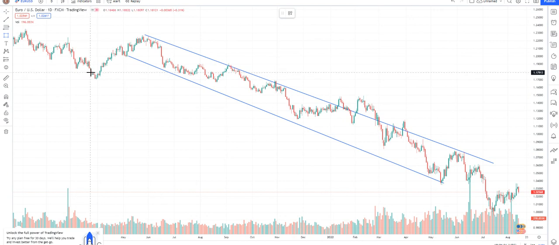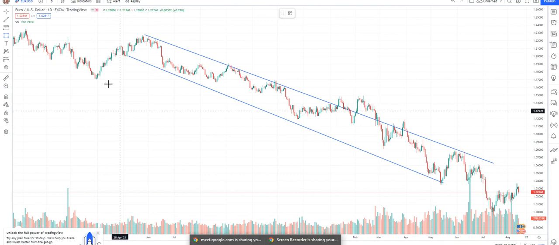If you want to get a better view of the chart, you can put your phone horizontally. You should put it on full screen, I beg. Yes, thank you. Put it on full screen and then horizontally so you get a clear view, like you're watching a movie. Don't put it like that.